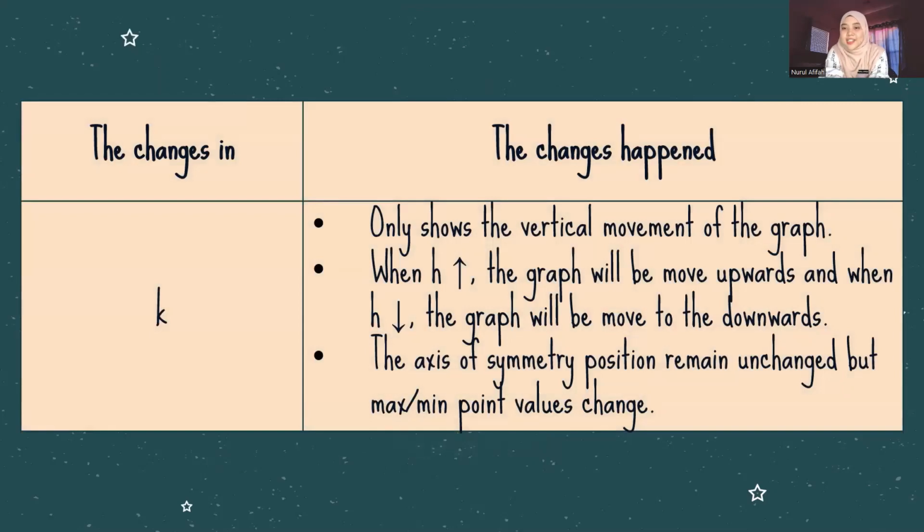The changes in k only show the vertical movement of the graph, where when k increases or is more than 0, the graph will be moved upwards, and when k decreases or is less than 0, the graph will be moved downwards. The axis of symmetry position is still the same, but the minimum or maximum point value changes.